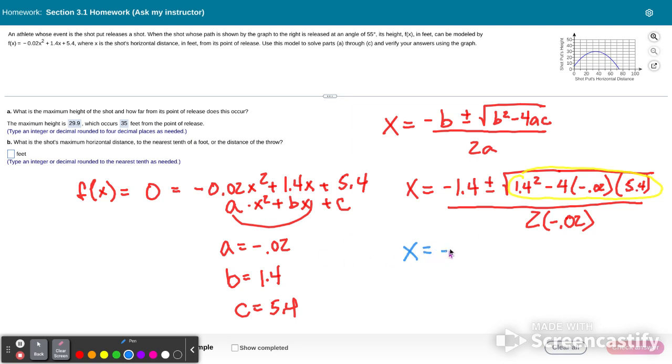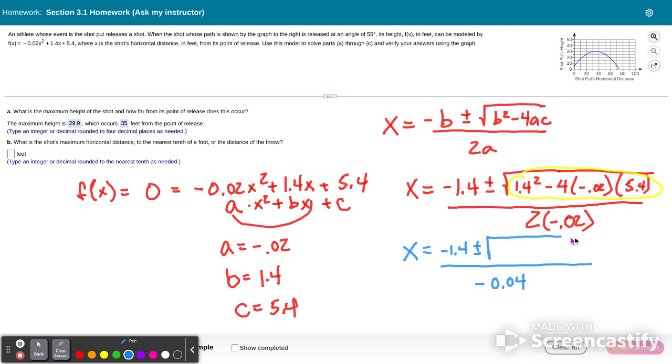I'm going to leave the negative 1.4 alone, and I'm going to put it all over the bottom. Because that's easy, I'm going to multiply that out. So 2 times negative 0.02 is going to be negative 0.04. I just took care of that and got it out of the way.